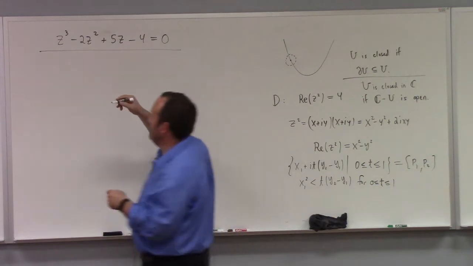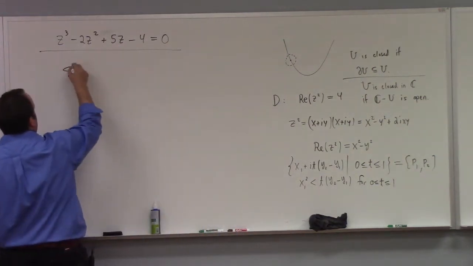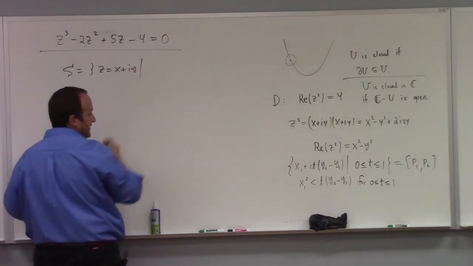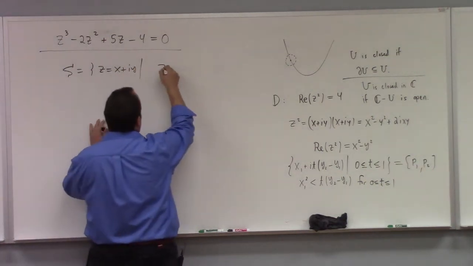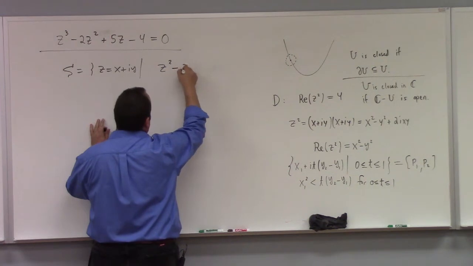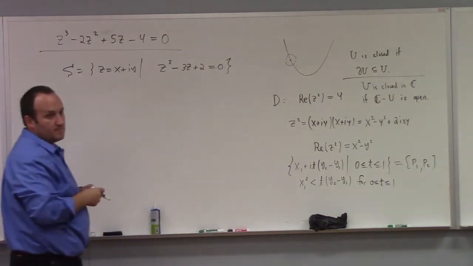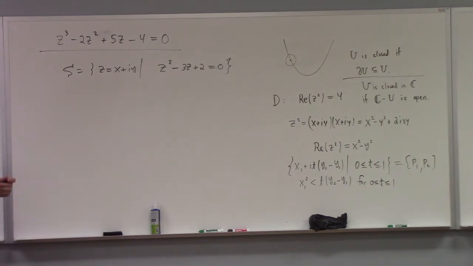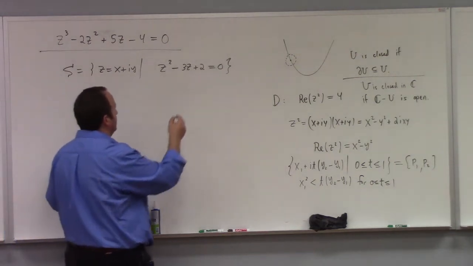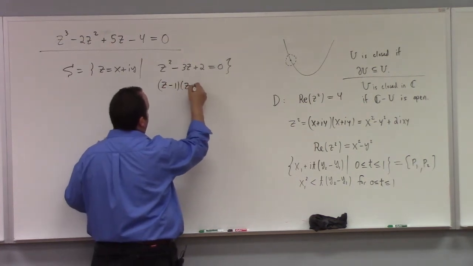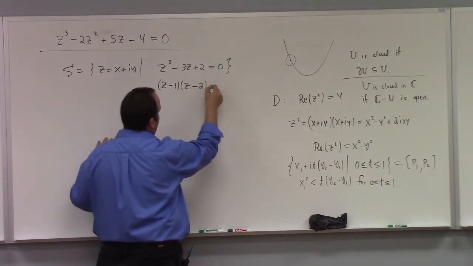Something easier. Suppose you're given the set S, z equal to x plus iy, such that z squared minus 3z plus 2 equals 0. Great. Now, this is (z minus 1) times (z minus 2) equal to 0.